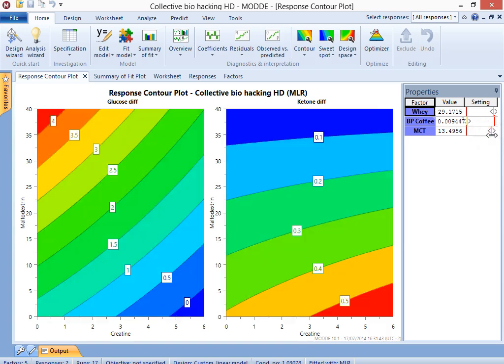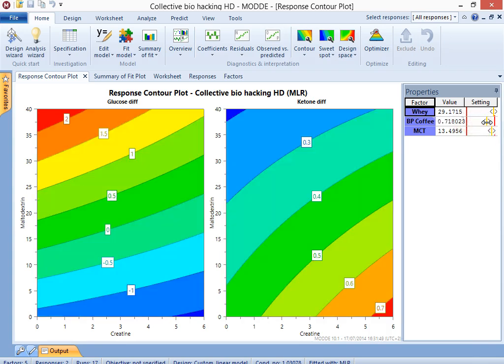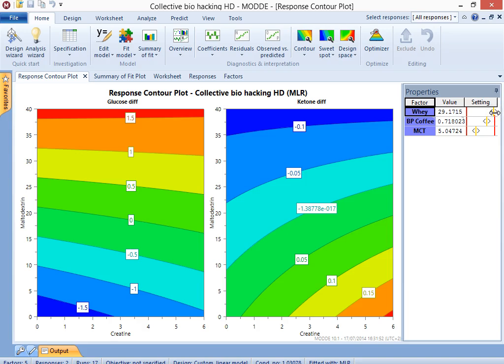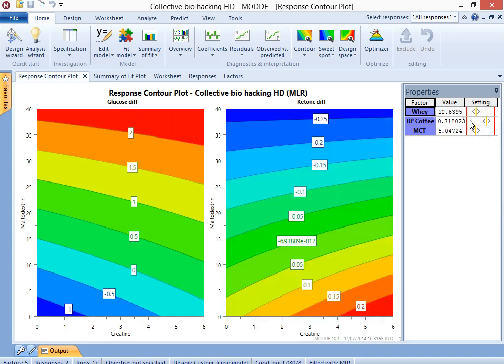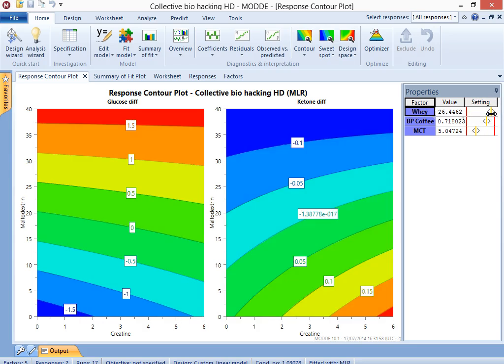I throw in some MCT. Oops, it changes even more. So where you want to be here depends on the interactions. In this case, for instance, if I take no maltodextrin, no creatine, and these settings, I will end up here, lowering blood glucose.